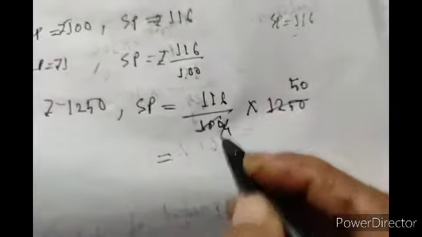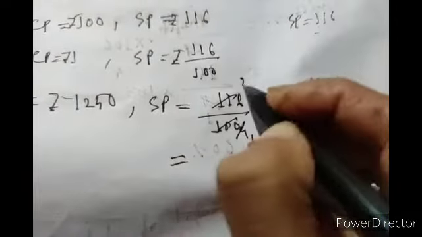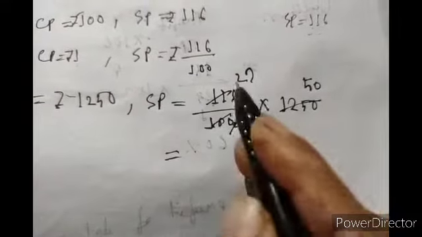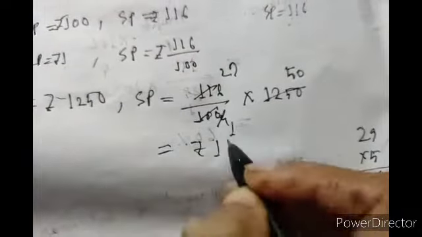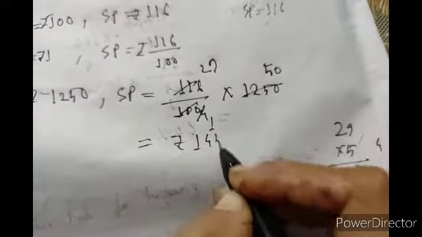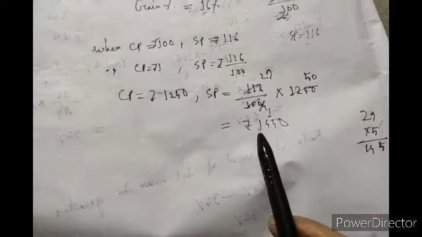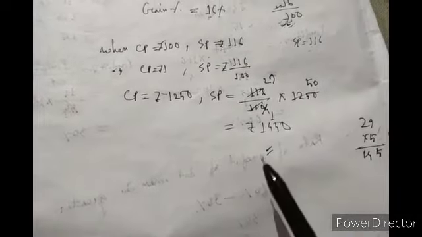Next, 4 9s are 36. So we are getting 29 into 50. So 29 into 50, we are getting here answer rupees 1450. Therefore our answer will be rupees 1450. You need to sell the item at rupees 1450 to gain.